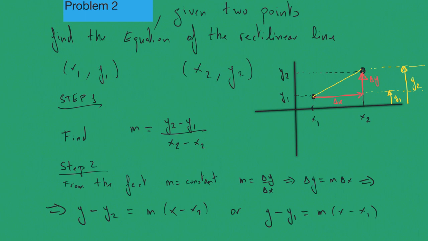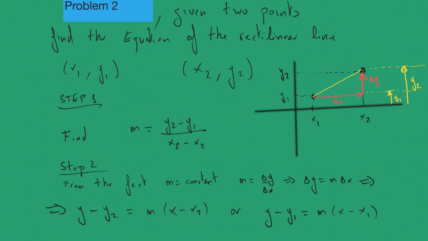Let me put the arrow to the right, because delta x is x2 minus x1, and delta x will go to the right in this case. Always we will use the independent variable x or t as delta x positive. And in this case, delta y will go up, so I will put the arrow like this.